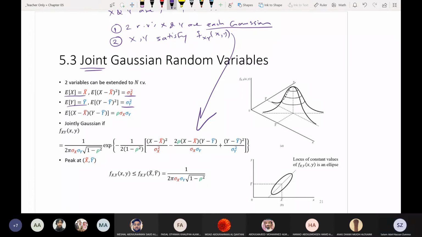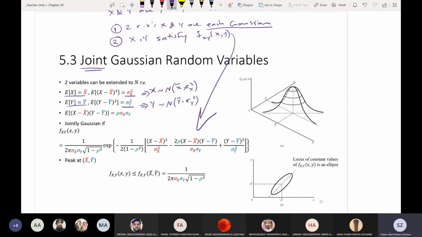Then x is a normal distribution with x bar and sigma x squared, and y is normal with y bar and sigma y squared. This is the first thing. So every one of them is Gaussian.